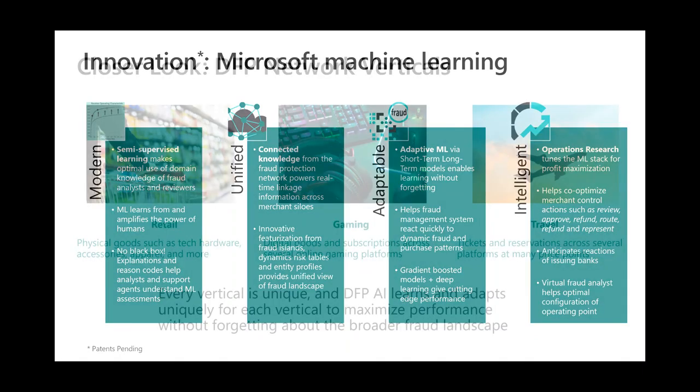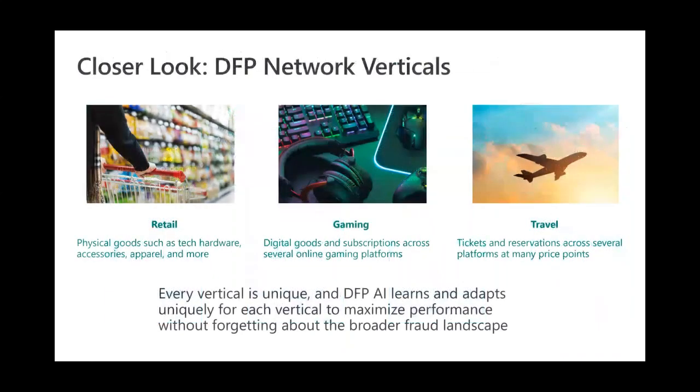One of the other strengths that we have within the fraud protection network is this concept of verticals. It adds a bit of nuance to the inner workings of our machine learning models. I'll give you an example.